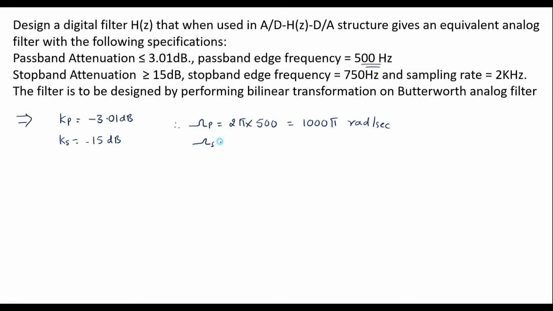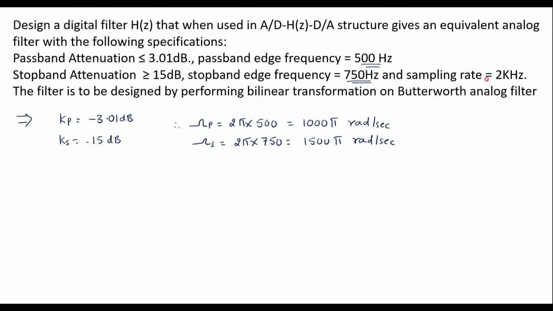Similarly, let me calculate stopband edge frequency, which is 2 pi into 750 Hz, which gives 1500 pi radians per second.